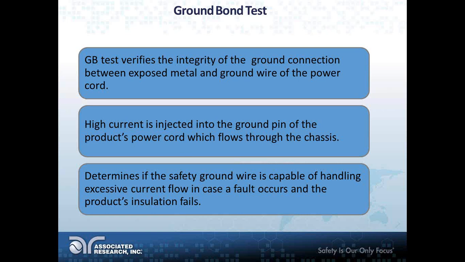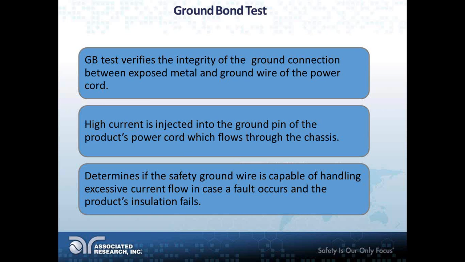How is the ground bond test run? A high current. Now, unlike the continuity test where a small voltage, small current signal or pulse is sent, here a very high current is injected into the ground pin of the product's power cord, which flows through the chassis.